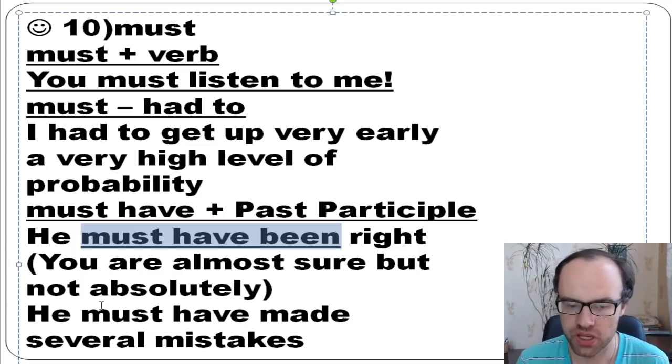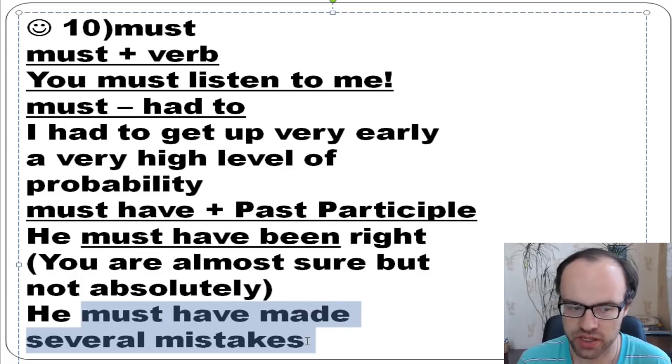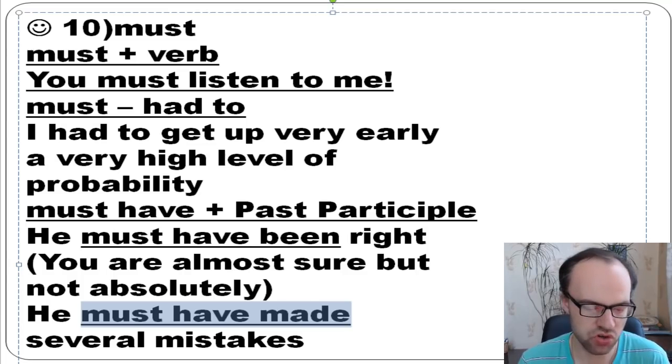So he must have made several mistakes. It's the same thing: must have plus past participle. I think he made several mistakes, but I'm not absolutely sure. Maybe I'm wrong, but I think I'm right.